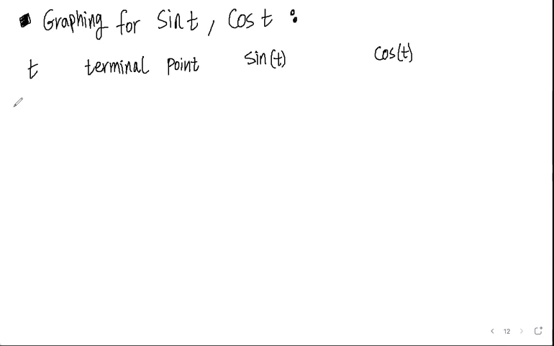So if t is starting from 0, walk around the unit circle distance pi over 2. For the second one from pi over 2, walk around the unit circle around pi. Third one from pi, distance from pi to 3 pi over 2. And the third one is 3 pi over 2. Walk around the unit circle for 2 pi.